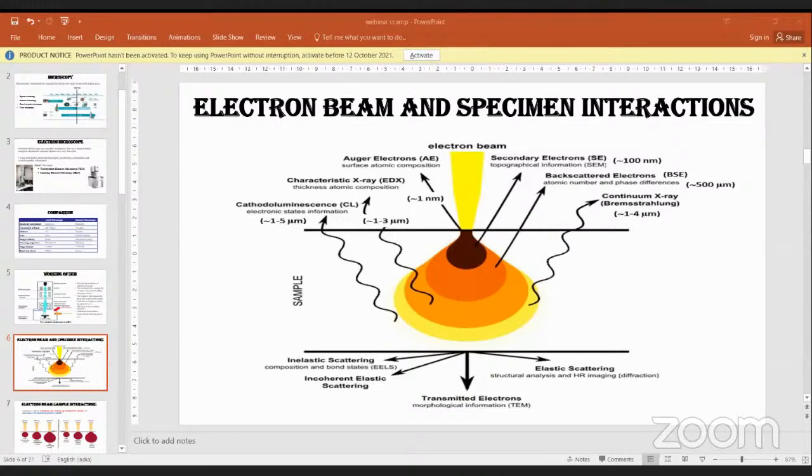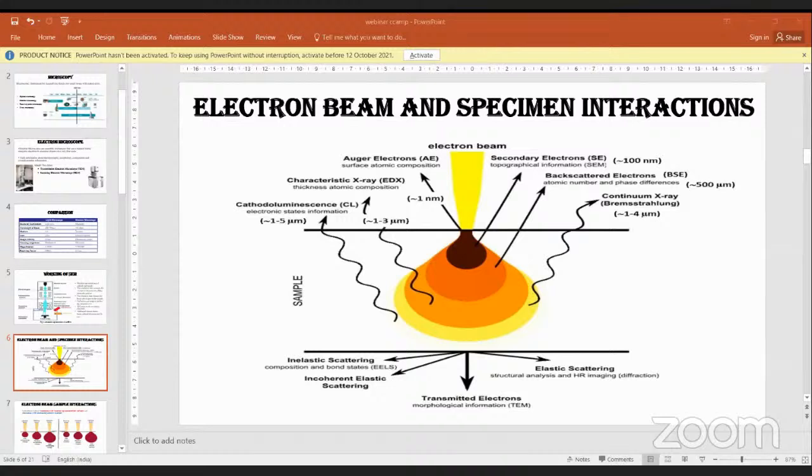Then second, backscattered electrons. Then we have X-rays and cathodoluminescence. So there are different types of signals we get from the electron and sample interaction. Inelastic scattering also happens, and elastic scattering also.